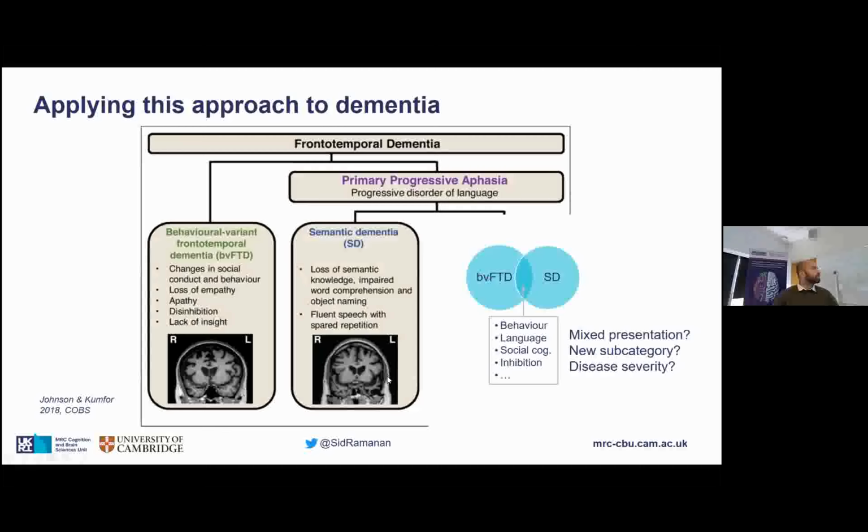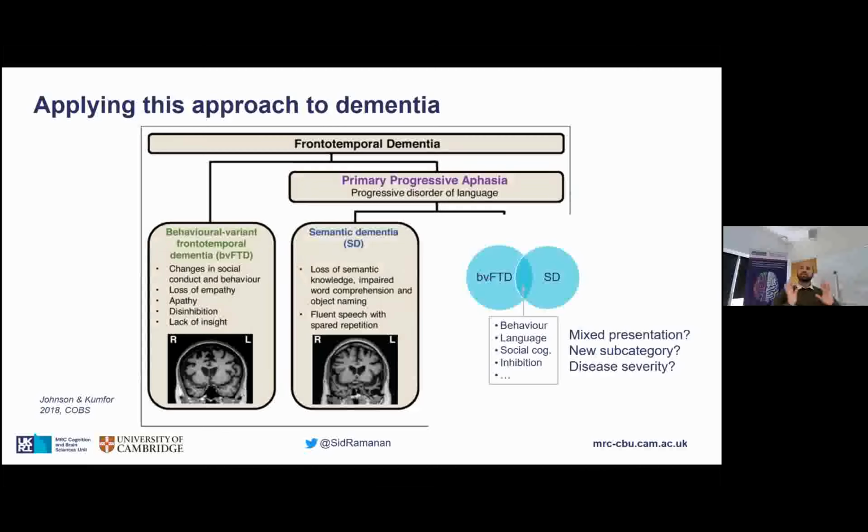This typically happens due to early degeneration of the anterior temporal lobes. As you can see here, this is typically left lateralized in the majority of patients. In a minority of patients, these individuals show right lateralized atrophy, but in the context of bilateral atrophy. So they have degeneration of both anterior temporal lobes, but it's more lateralized to the right.